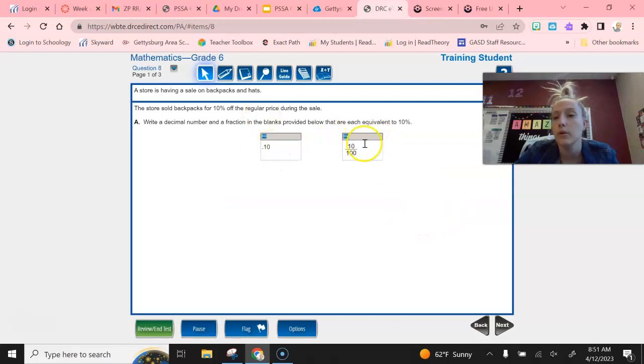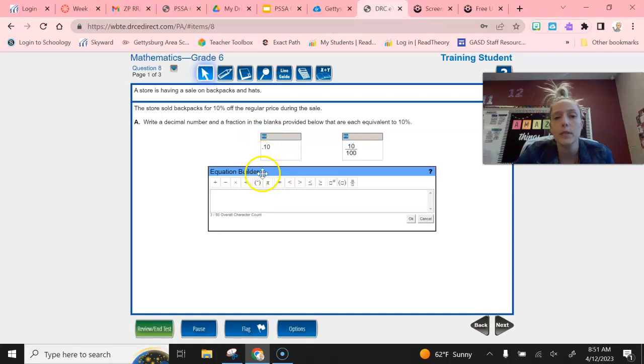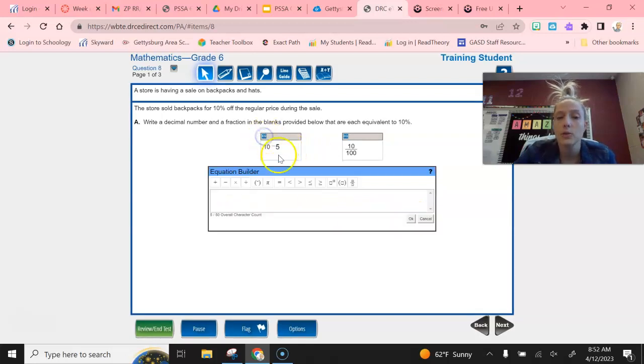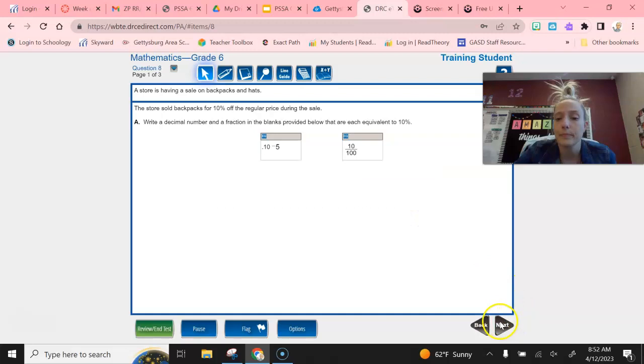Okay, so you can build in these equations. Try and practice, just mess around with the tools to make sure that you know which ones work. They also have other ones in here that you might be like, what is this? You can always try it, type in a number, see what comes up. So look, right there, that's the tool I would use if I'm typing in a negative number. Okay, so make sure you're trying all of these out today.